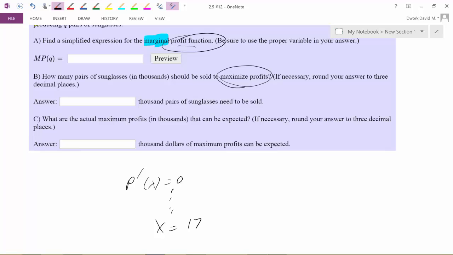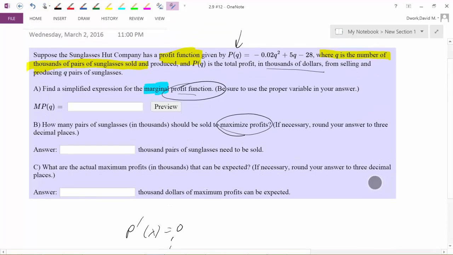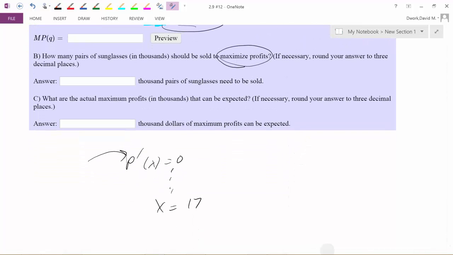If I know X is the number of sunglasses I sell to maximize my profits, do I substitute it back into the derivative equation or back into the original equation? I want you to ask yourself, which of those has the output? Oh, and actually it's not X, I apologize. It was Q in this problem. So let me change that.